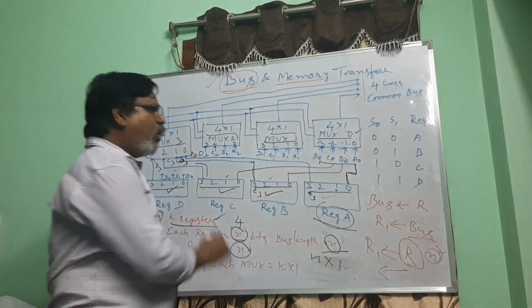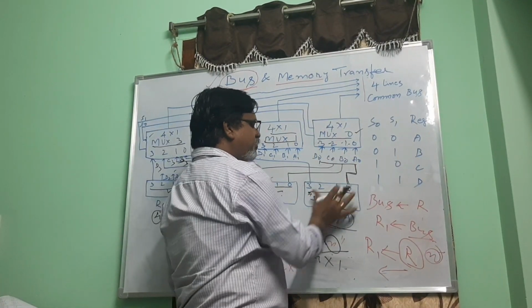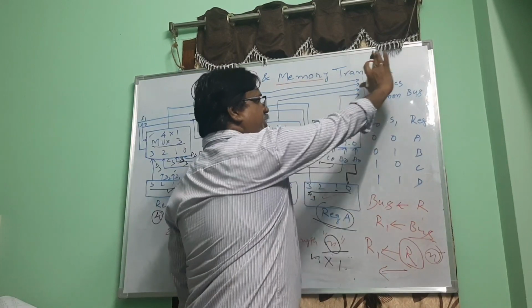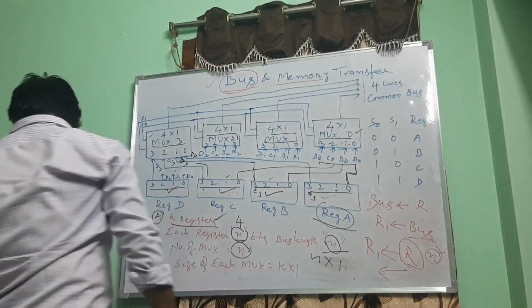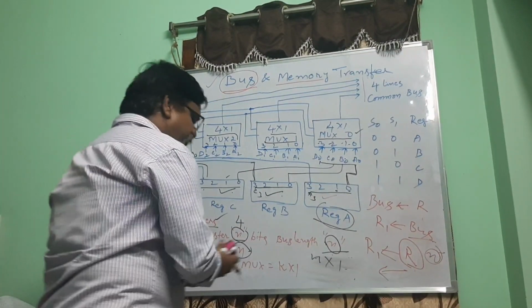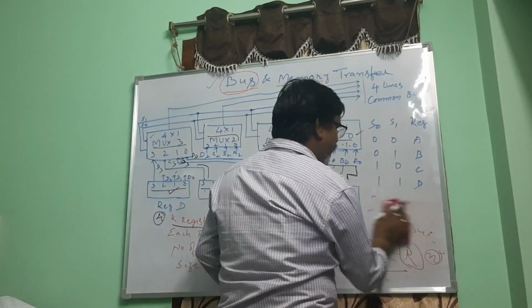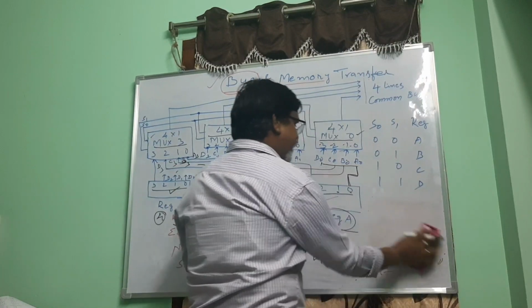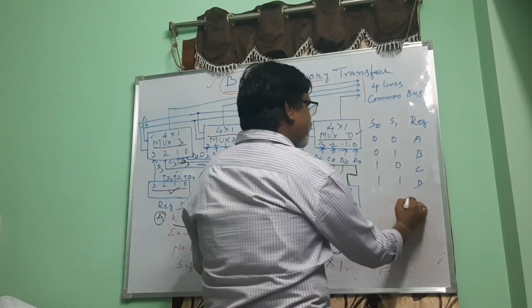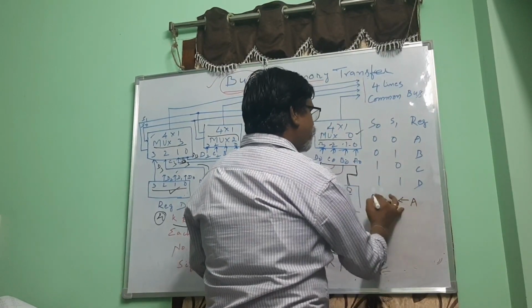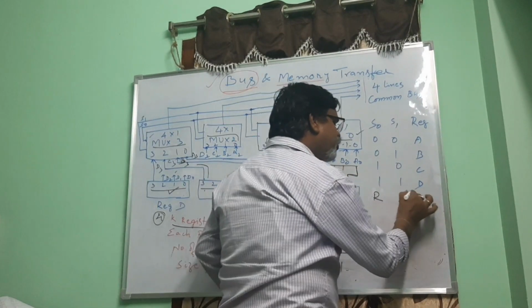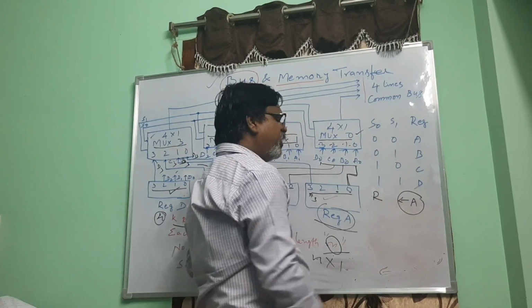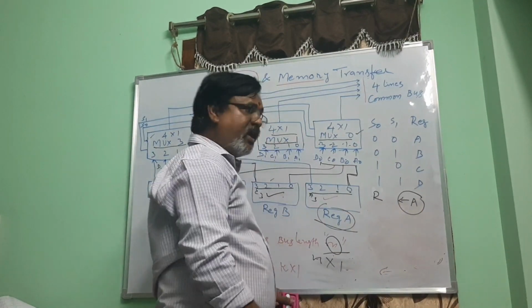But how will all 4 values of register A be transferred at a time onto the 4-line bus? Now, if I want to transfer the values of register A to some register R, first I have to keep the 4 bits of A onto the bus.